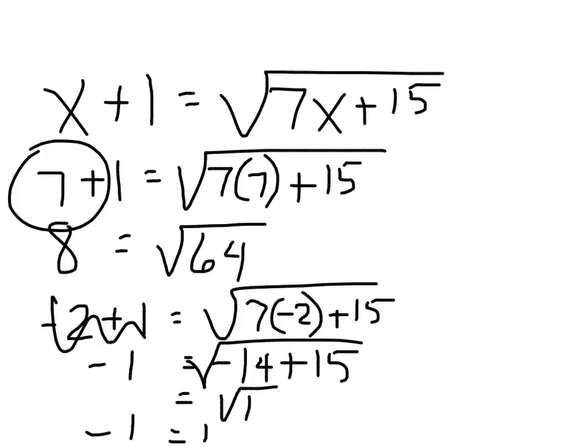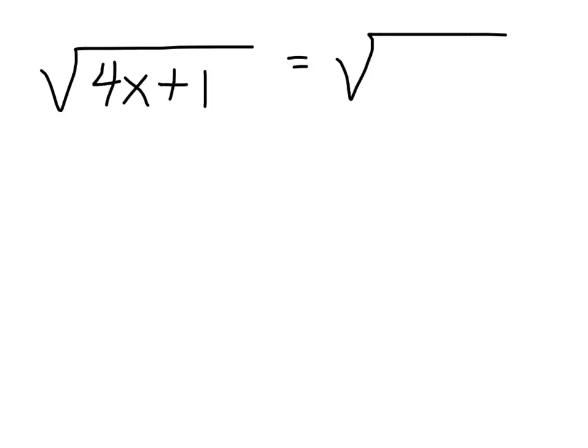Trying to think if there's anything else yet. This one's bark is worse than its bite. If you have square root on both sides, square both of them.